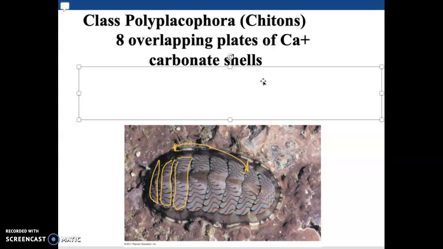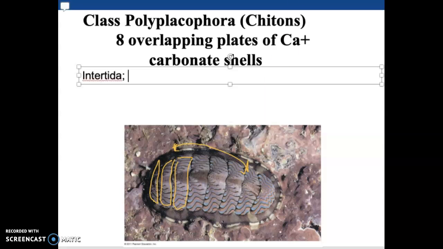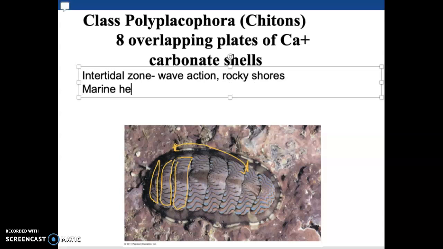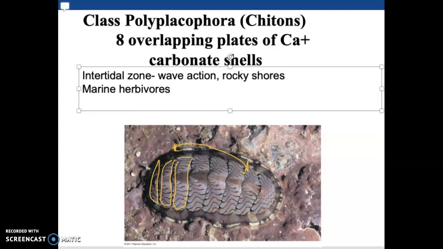So chitons are primarily found in the intertidal zone within the ocean. This is where you have massive wave action, and you often have these rocky shores. So you'll find chitons attached to rocks, to substrate along the shore, scraping the algae.